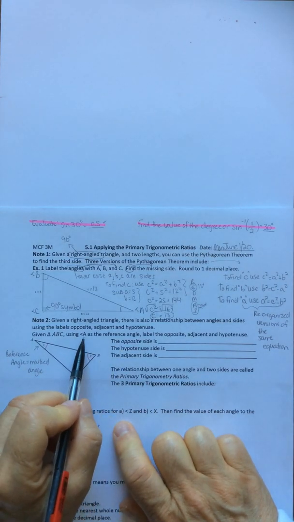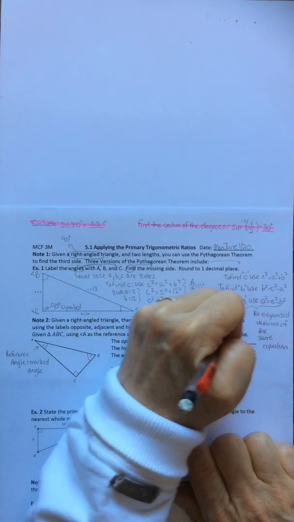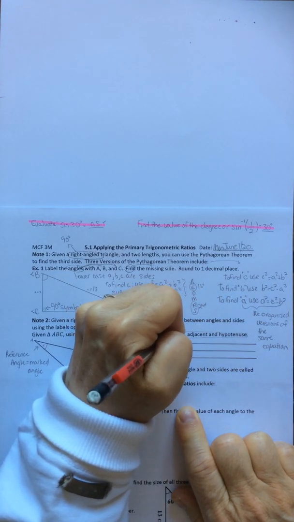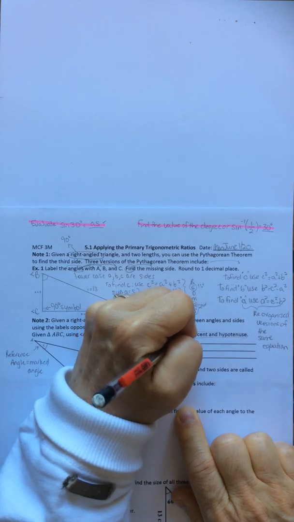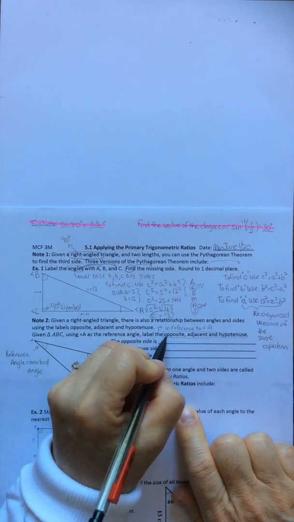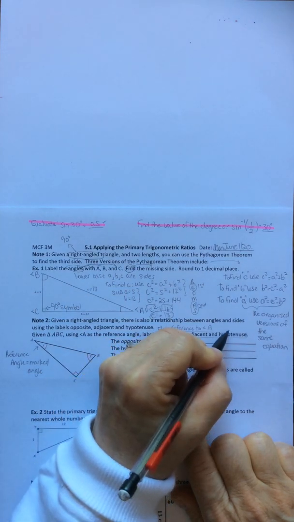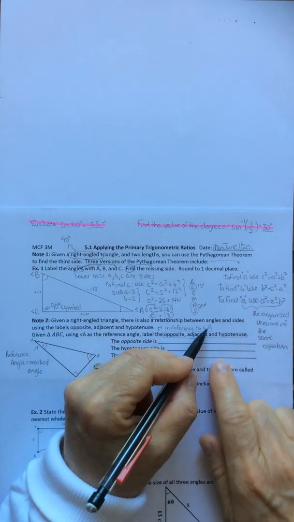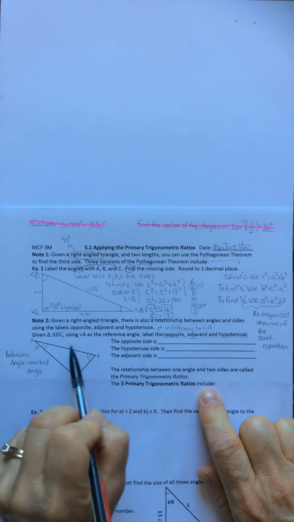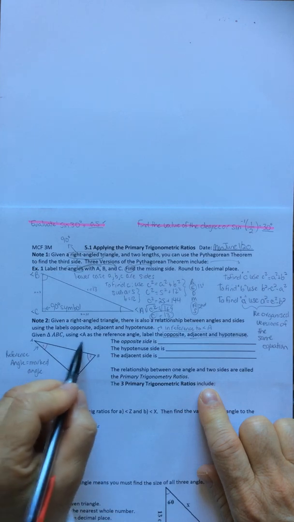So using A as the reference angle, label the opposite, adjacent, and hypotenuse in reference to angle A. That's extremely important. The hypotenuse is always across from the 90 degrees, so it doesn't matter where angle A is, but it's extremely important that angle A is first established as a reference angle. It's marked, and you can just follow the instructions.